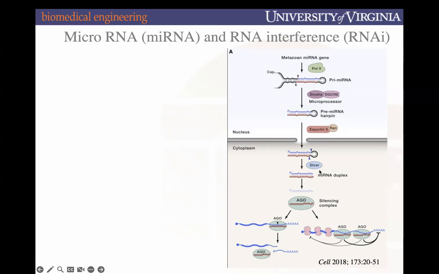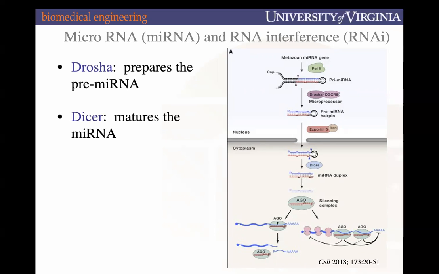The next enzyme that's going to be working here is called Dicer. Dicer will cut off the loop at the end here and mature the microRNA into a mature duplex. Historically, we only thought that one strand of this duplex was going to be critical for RNA interference, so we used to call them a passenger strand and a guide strand.